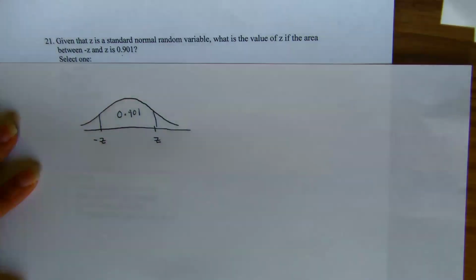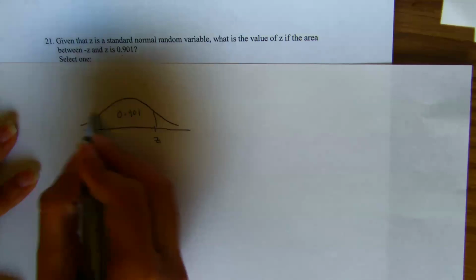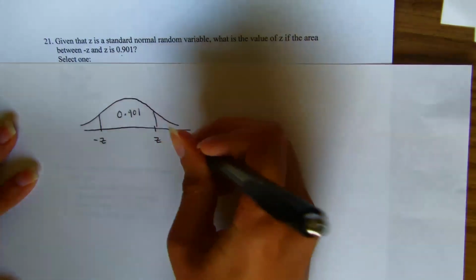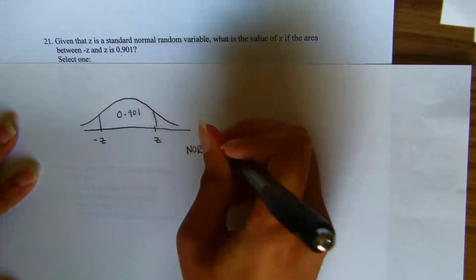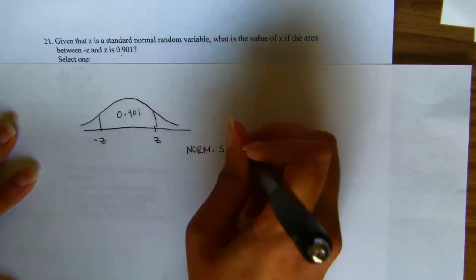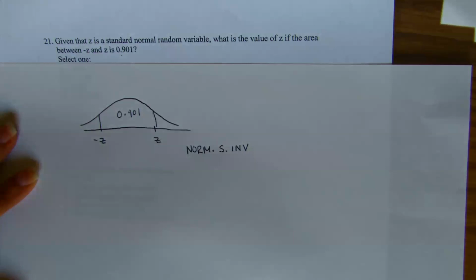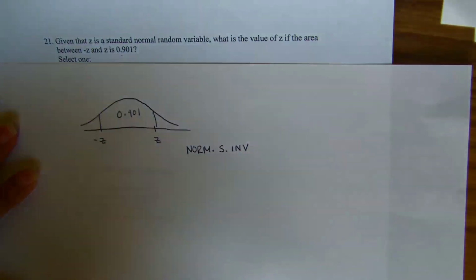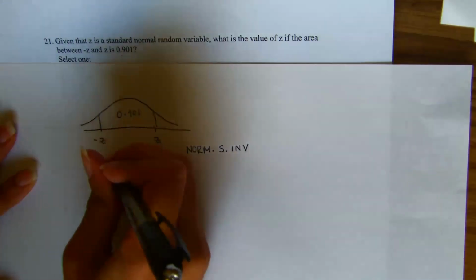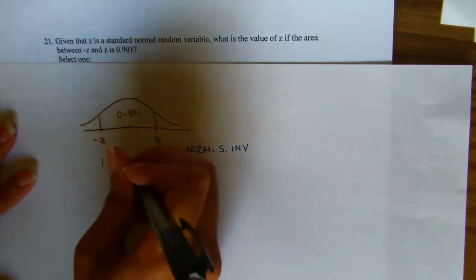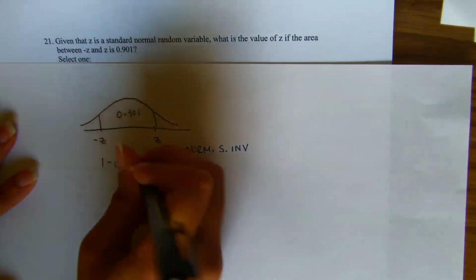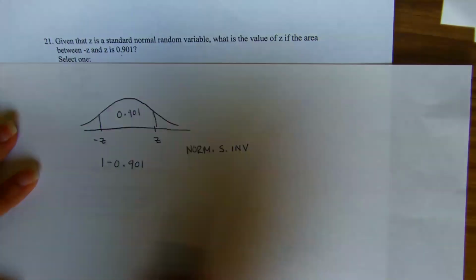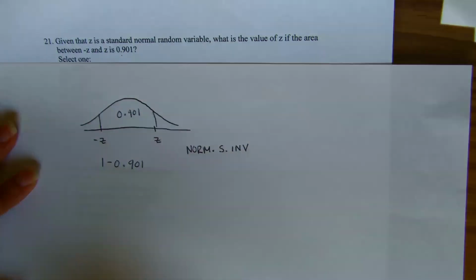So what we're going to do is we're going to get the area here and the area here, and then we're going to use our norm.s.inverse function on Excel to get our z values. So the first thing I'm going to do is do 1 minus 0.901, and that's because the area underneath the curve is 100% or 1, since we're using decimals here.